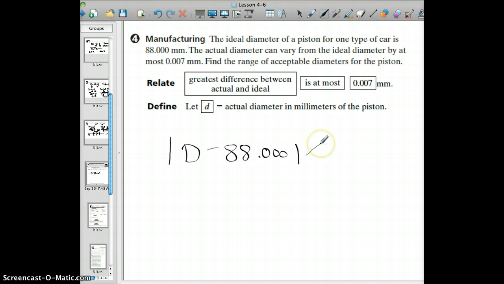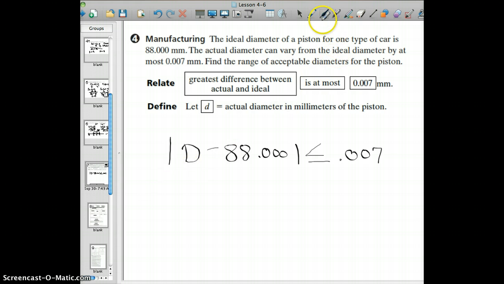And then that is going to have to be less than or equal to, at most, 0.007. So now, because we have an absolute value, and it's isolated, we're going to break it down into the positive and negative.